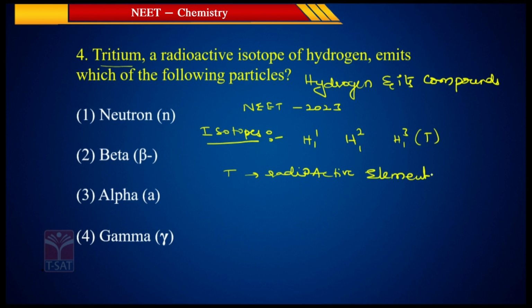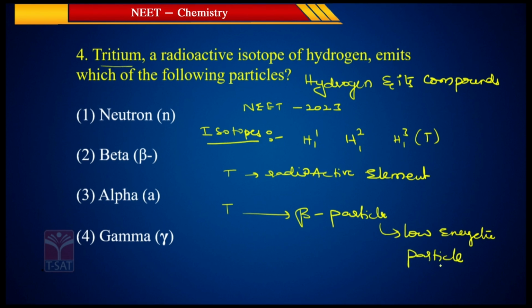Tritium is a radioactive element which emits a beta particle. Tritium emits what particle? Beta particle. Beta particle is a low energetic particle. Remember, beta particle is a low energetic particle.